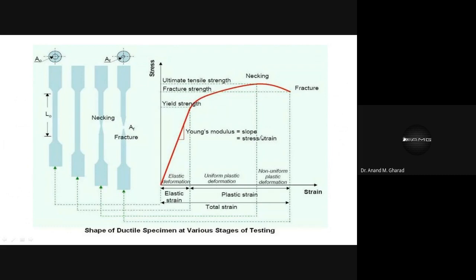What does this mean? Just try to recall the elastic behavior of the material. In the working stress method, what you used to do, you used to calculate the material strength or design strength by dividing the yield strength by the partial factor of safety, isn't it?